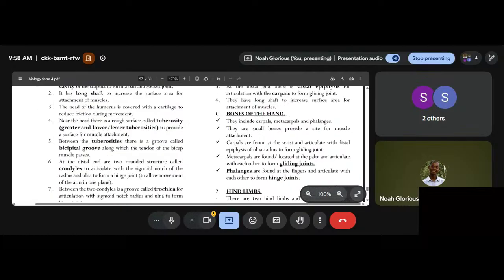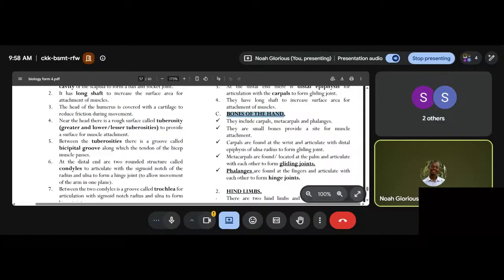We also talked about the bones of the hand. This one I already explained last time: the carpus, metacarpus, and the phalanges. We said carpals are found on the wrist, metacarpals are found on the palm, and the phalanges are the fingers.